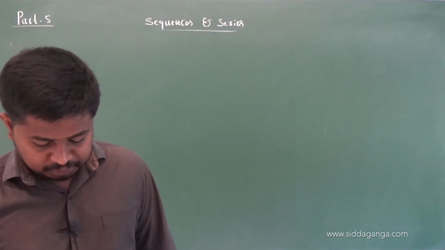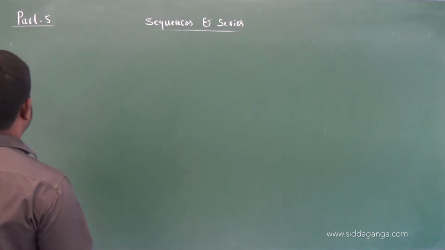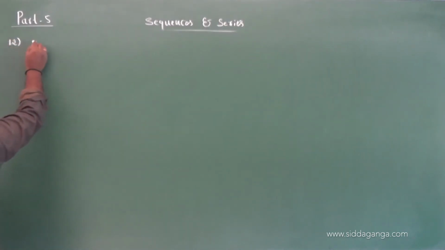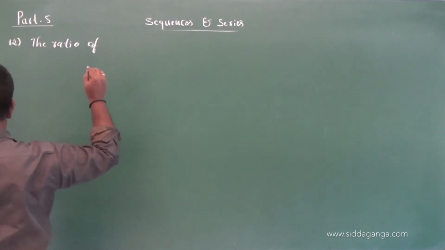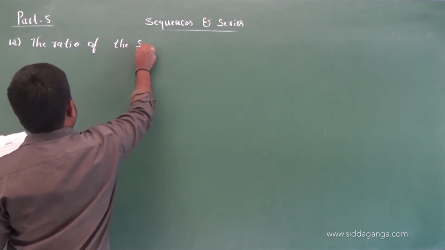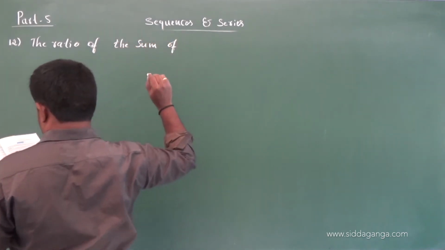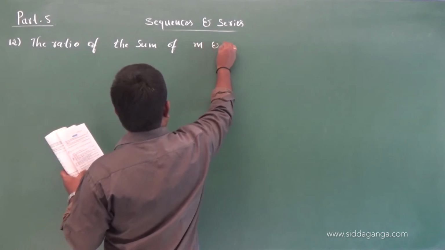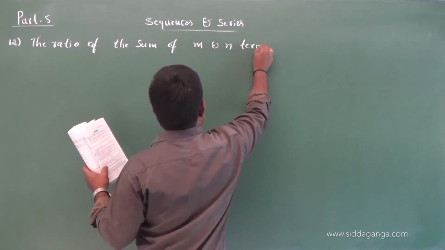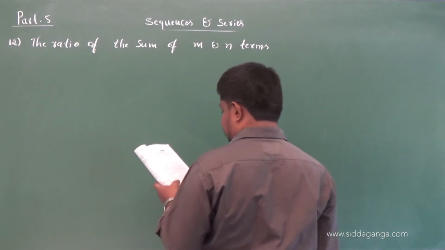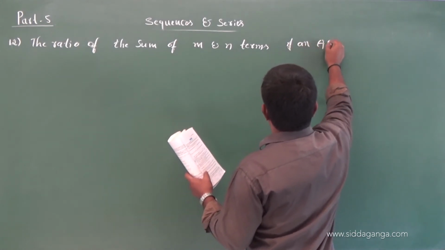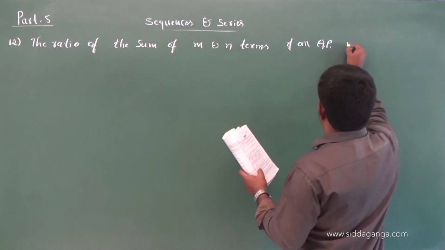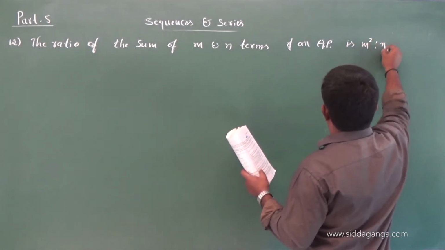Okay, now let us move to one more question, that is the 12th one. The ratio of the sum of m and n terms of an AP is m square is to n square.